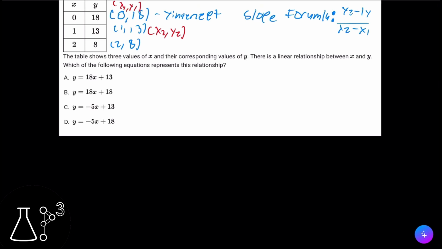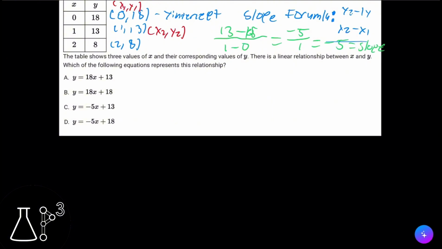That would be 13 minus 18 divided by 1 minus 0. That equals negative 5 divided by 1, which equals negative 5, which equals the slope. What does that mean? Every time x increases by 1, y decreases by 5. So negative 5 is our slope.